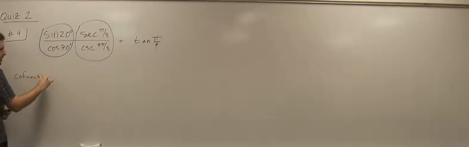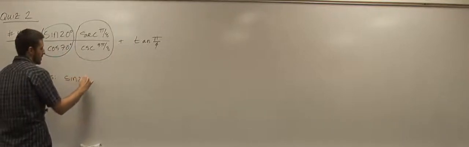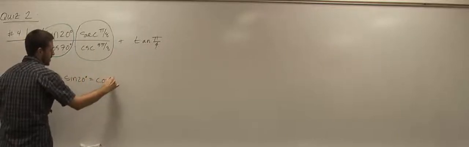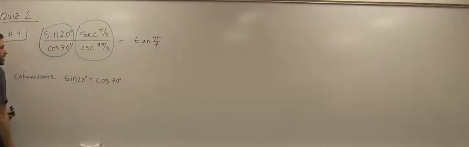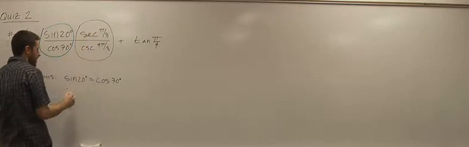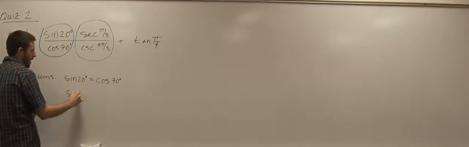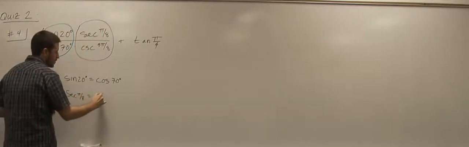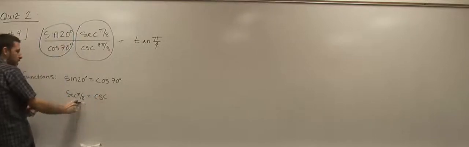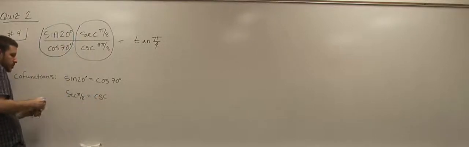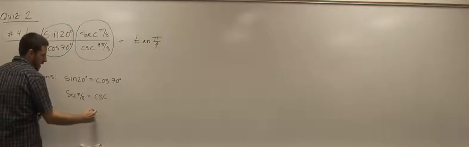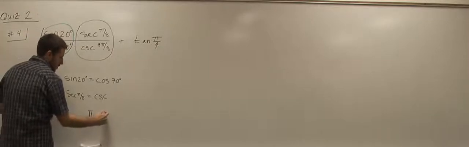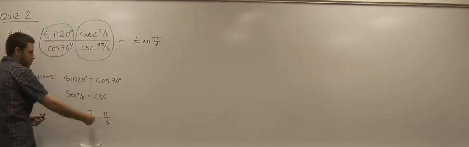Remember, that was our identity about cofunctions. If you have two cofunctions and they have complementary angles, then they're the same. So sine of 20 degrees is equal to cosine of the complement. Now as far as secant and cosecant, secant of pi over 8 should equal cosecant of whatever you get when you take pi over 2 and subtract pi over 8. Because that's how you find a complement.